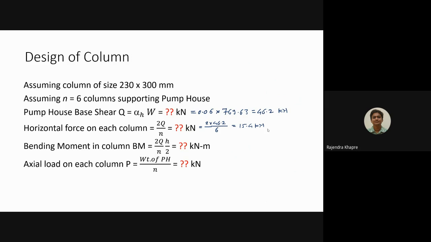Now the bending moment has to be calculated. This is the horizontal force which will be acting on a column. What we are assuming is that this force is acting at the center of the column. If you remember, the height of the column was 6 meters. So if you multiply this with h by 3, it's 6 by 3.